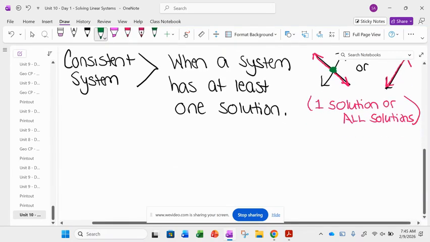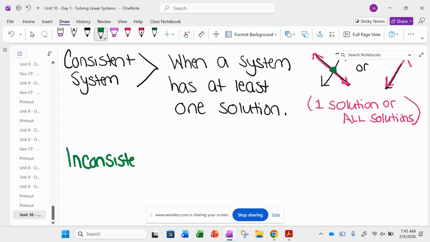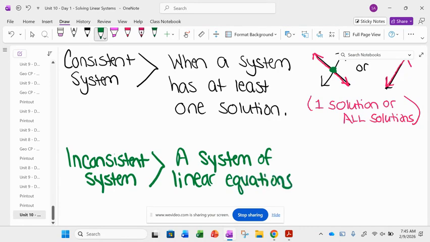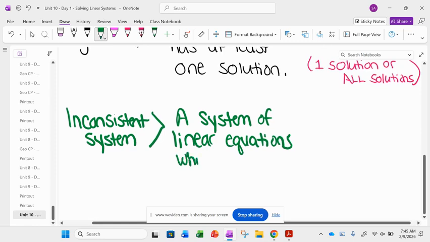And now that brings us to an inconsistent system. And an inconsistent system is a system of linear equations which has no solution.